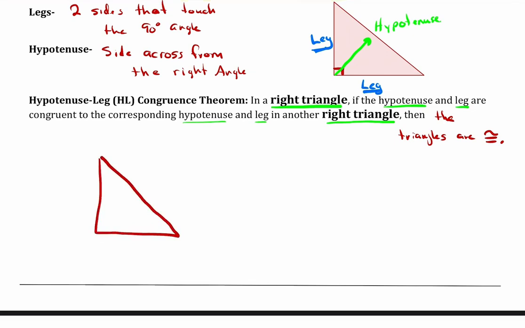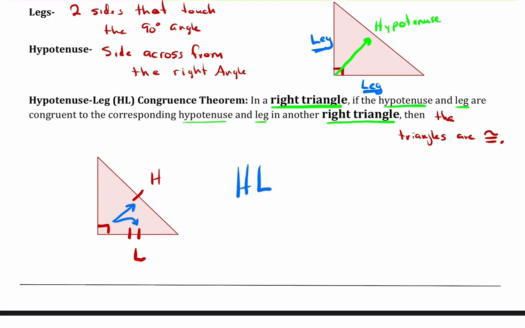So let's draw a picture of what that means. So if we come in here and we have ourselves a nice right triangle, and we know that it's a right triangle. Again, we have to know that it's a right triangle if we know the hypotenuse, which is the H, and the side, meaning one of the legs. So hypotenuse, leg, then that is HL, and we can know that the two triangles are congruent.